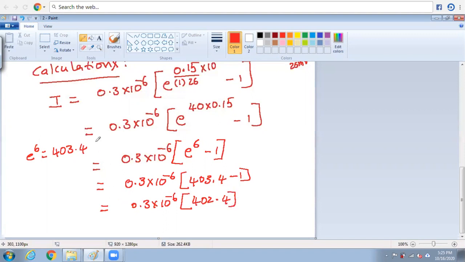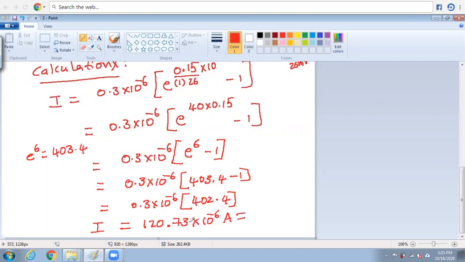Just multiply 402.4 with 0.3. It is around 120.73 into 10 to the power of minus 6. It is a current value, so you have to write amperes.